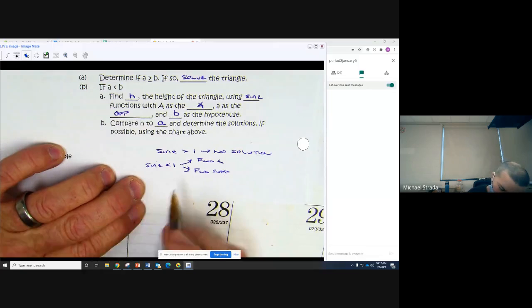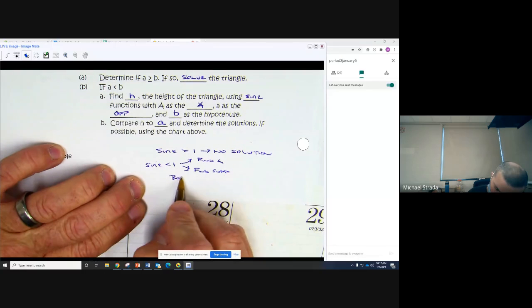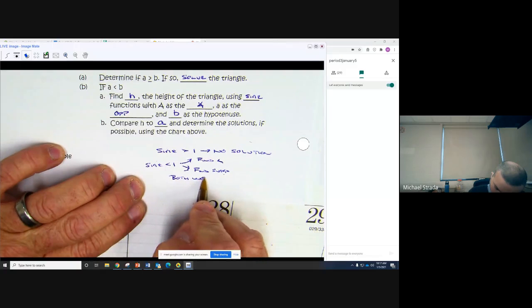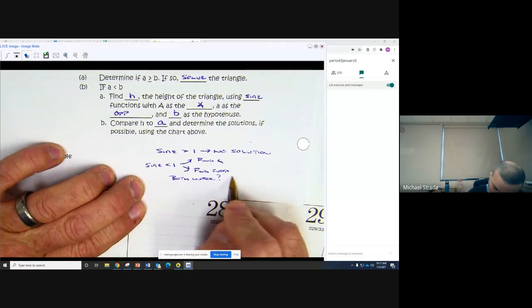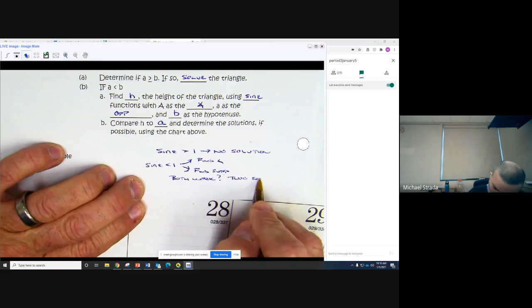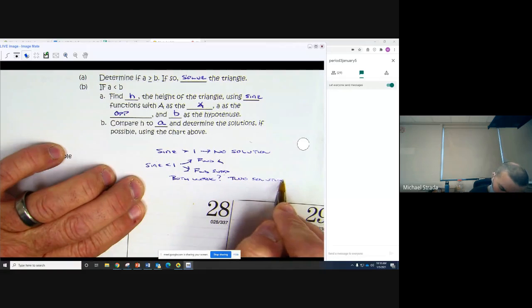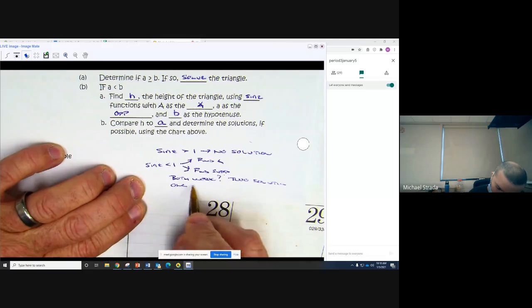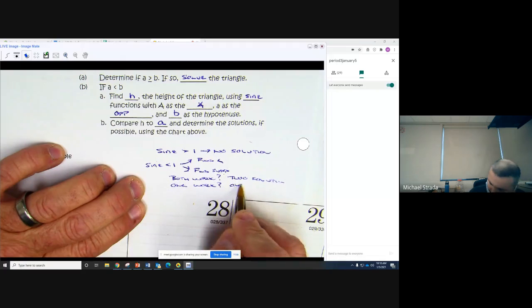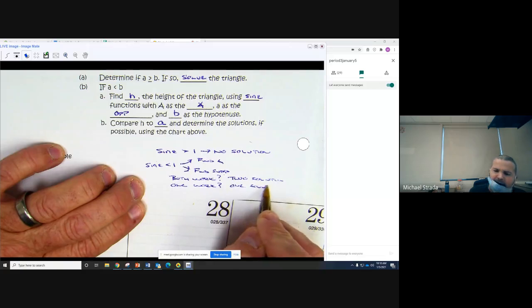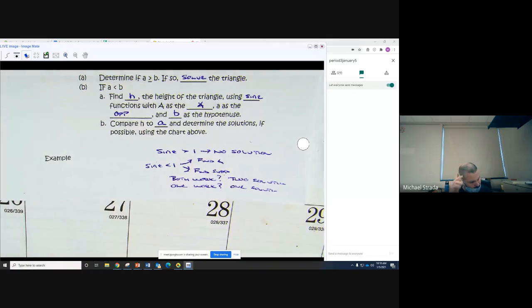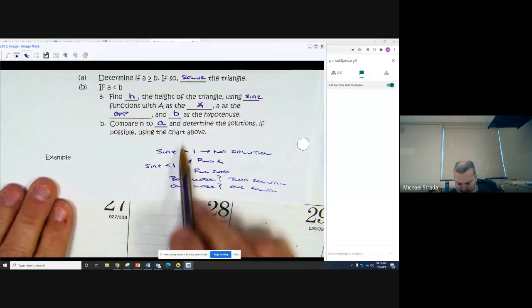If both work, and we'll go through examples in a second, you have two solutions. If only one works, you have one solution. So that's how I would do it rather than dealing with H and all that. Okay? So that's basically the consolidated version of everything above.